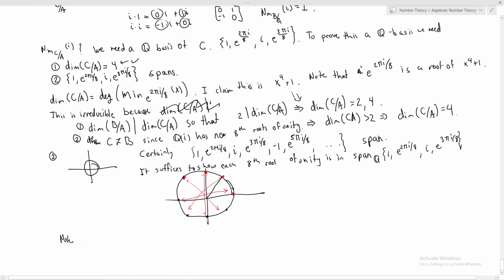So note, negative 1 equals negative of 1, e to the 5 pi i over 8 equals negative e to the... what am I doing?